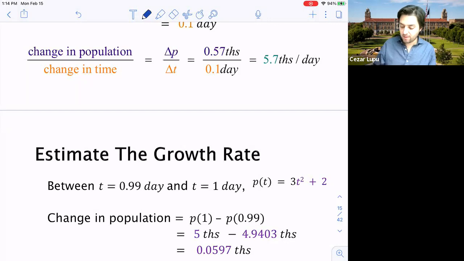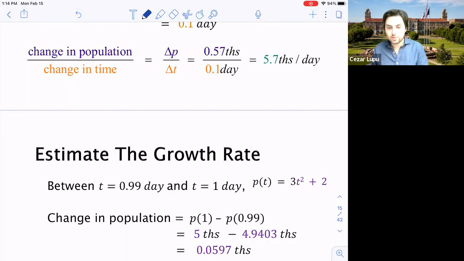Just remember that we have this function over here. That's the population. Oops, my pen is out of battery, so let me just charge it a bit. That's why it doesn't write anything. So once again, keep in mind what the population function is. P of t is 3t squared plus 2, right?